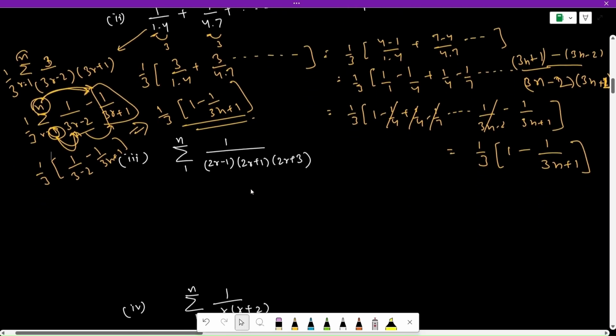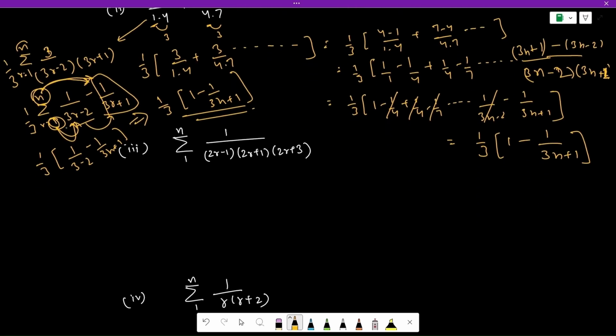Alright, now let's see this question and we will solve it directly. Now this is the first term, this is the last term. So the difference is 4. Now let's create 4 in the numerator: 1/4 and into 4. Now we will write this 4 as (2r+3) − (2r−1).